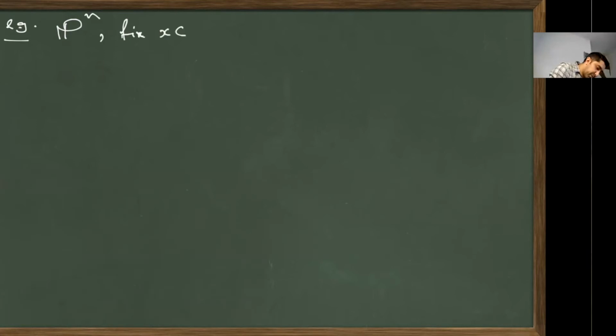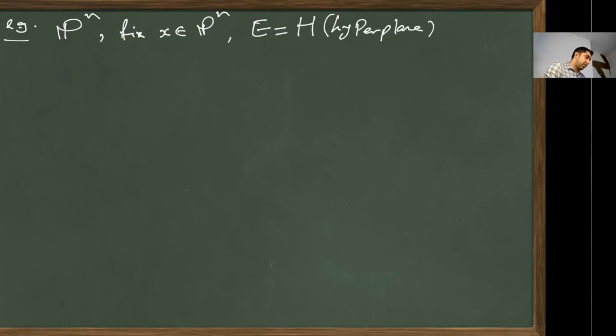Fix a point X in P^n, and now I'm going to make a choice of a divisor. So I let this E be a hyperplane, as you guess. For example, I let this be X_0 equals 0.